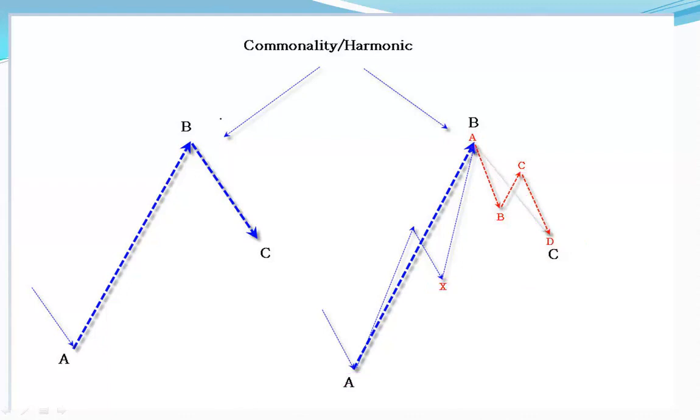So if we look at it on a harmonic level, we take this swing down, we put this first rally up, pull back down, rally, down, and then we start looking at this in terms of levels: what percentage from X to A, what percentage from B to C down to D. We start connecting these zones and creating these harmonics, whether it's a Bat or a Gartley, and they come into play also.